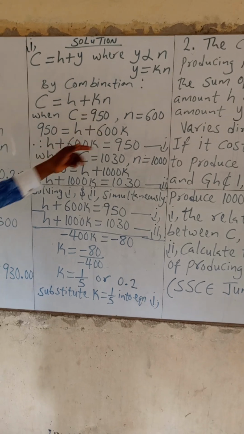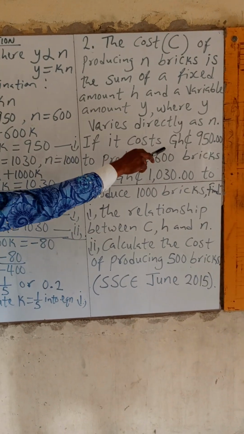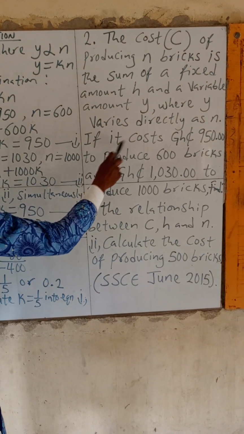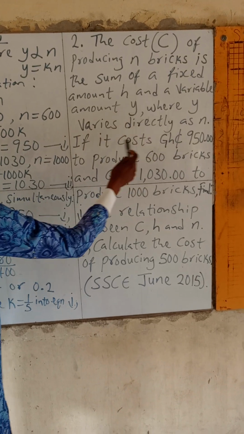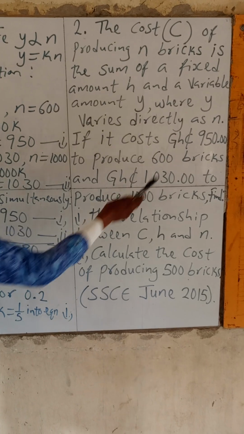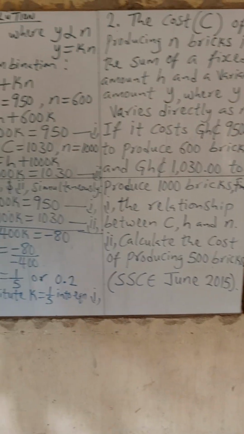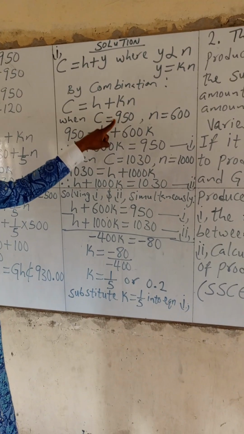This is the relationship. So from the question it says, if it costs 950 Ghana cedis to produce 600 bricks, so that means the cost is 950. There is no need of putting the sign.